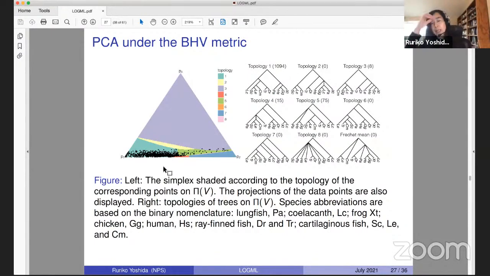You see, these are the tree topologies of all the projected points. Remember, PCA can also be used for eliminating noise, so we applied that too. The tree topologies of all the projected points of the triangle using the BHV metric. This is the tree topology. Basically it's saying that lungfish is closer to tetrapod. And recent papers show that there seems to be agreement now.